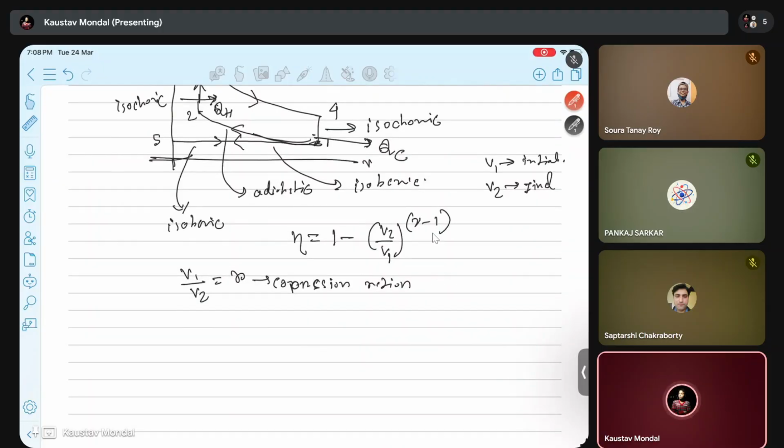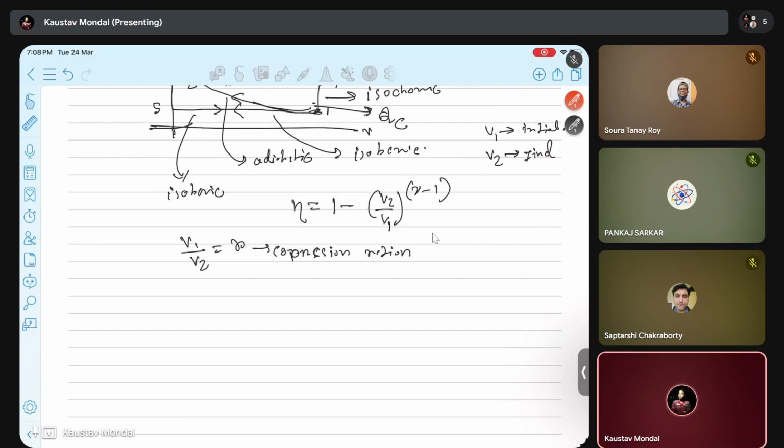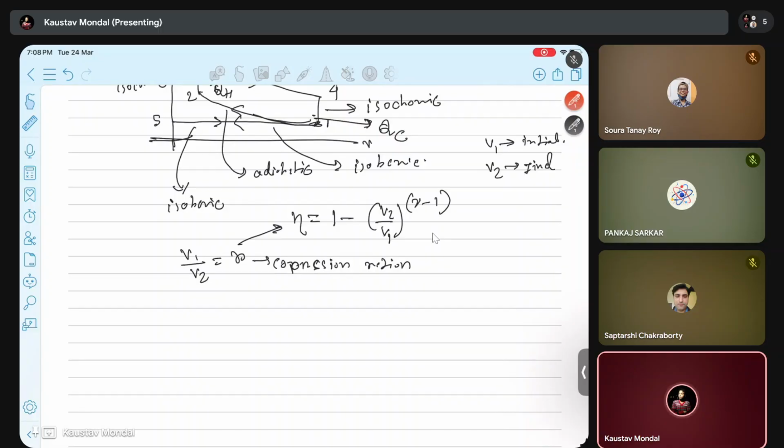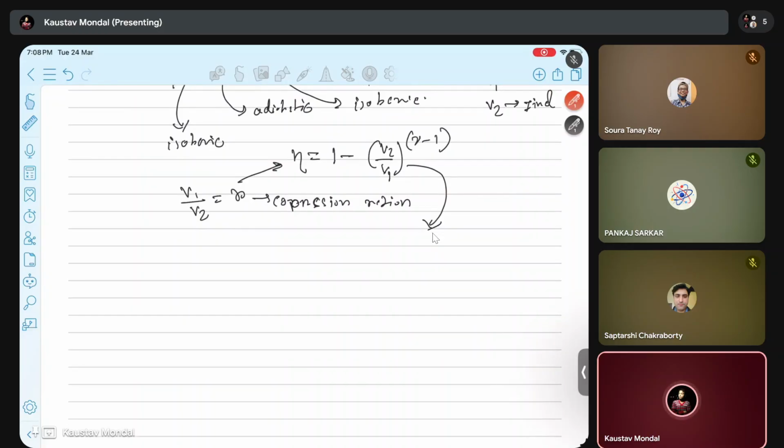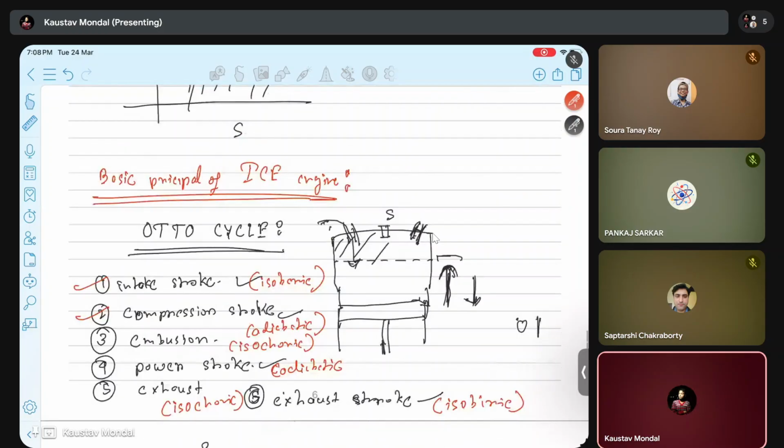That compression ratio, denoted by R equal to V1 by V2, decides what the efficiency of this engine would be. So you can write eta equal to 1 minus 1 by R to the power gamma minus 1, where gamma is the adiabatic ratio. Okay, so this is the Otto cycle.